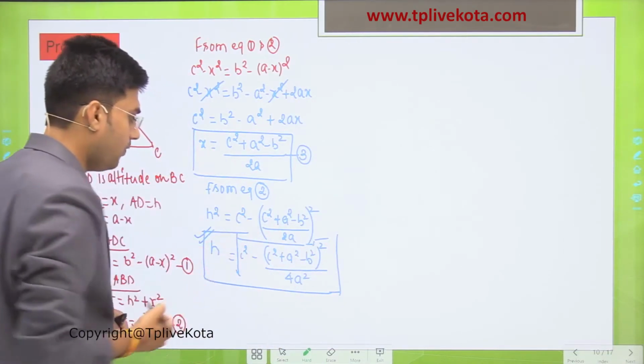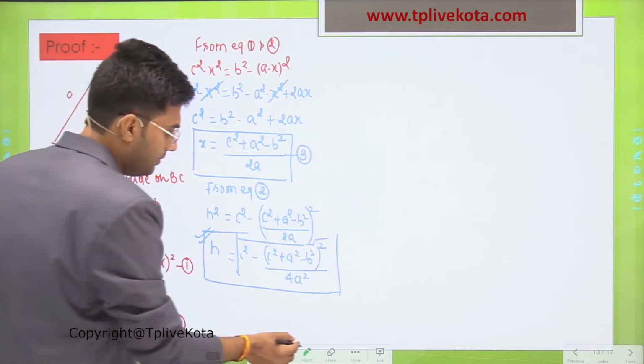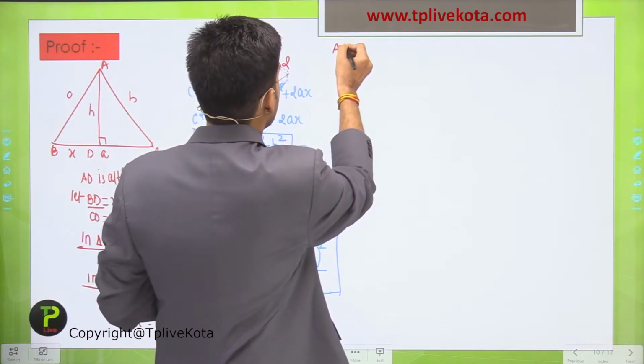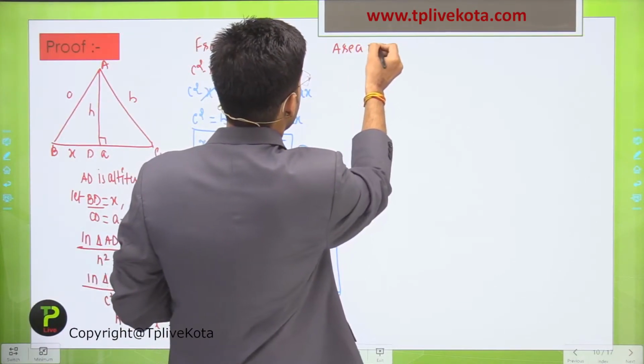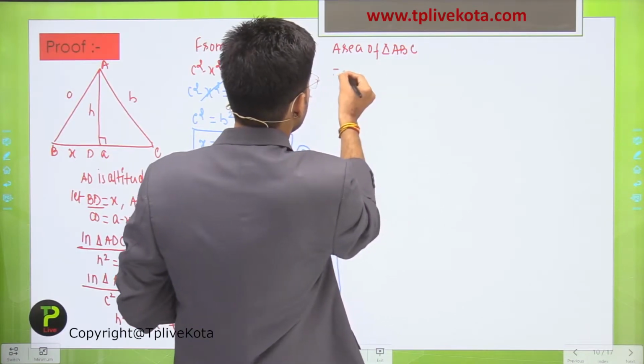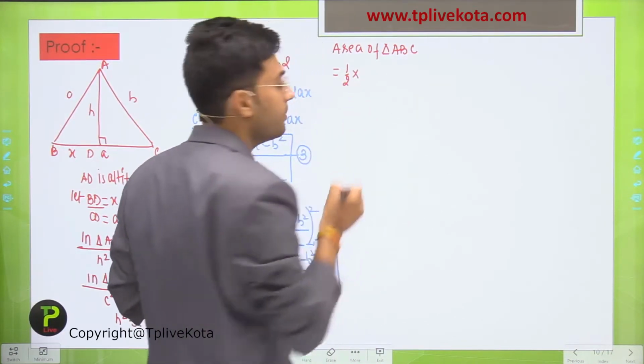Now what is the area of this triangle? Area of triangle ABC is equal to half multiplied by base.